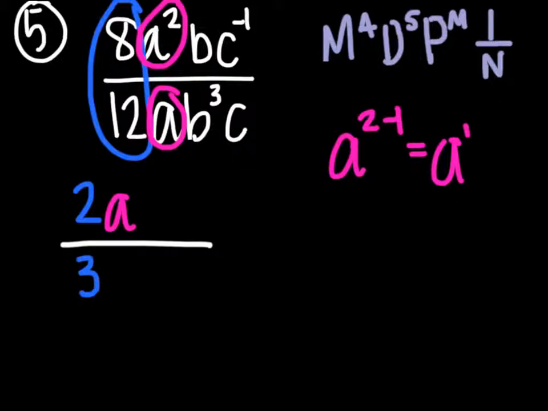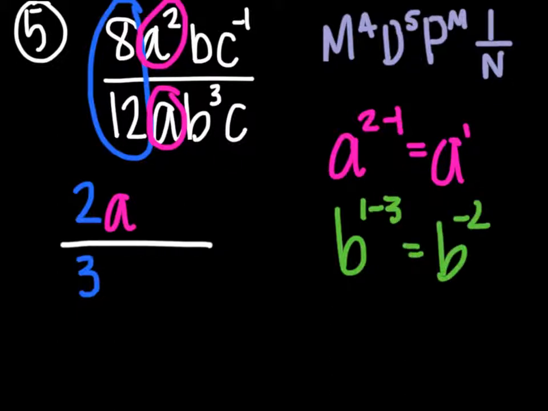Next, we'll do the b's. We've got b to the first on top minus 3 on the bottom, so that's b to the negative second. Since this exponent is negative, it's going to go on the bottom so that it's positive, so b squared. And finally, the last one, we've got the c's.